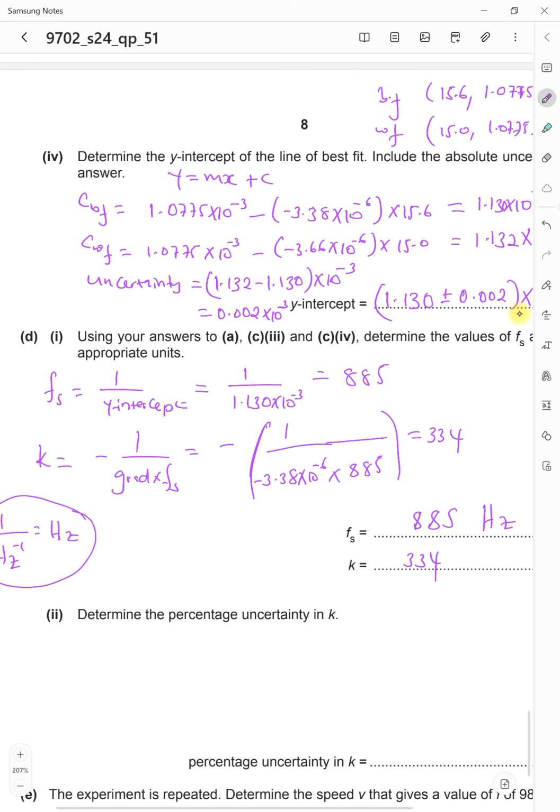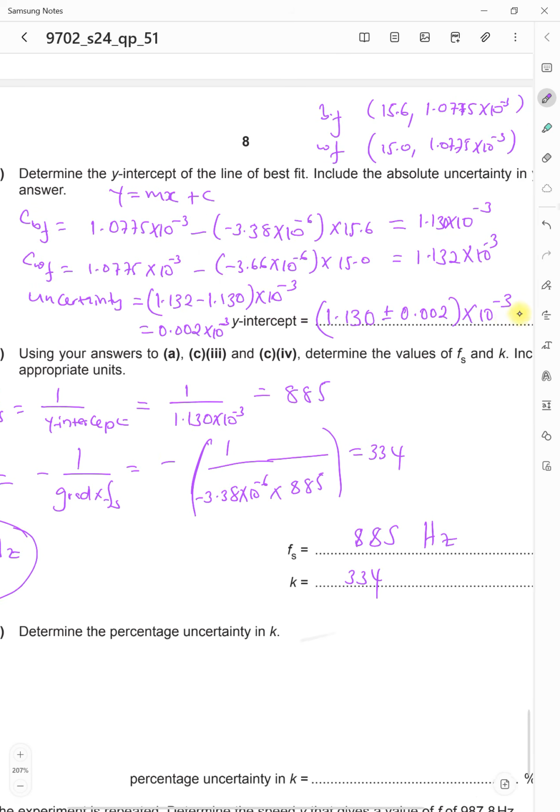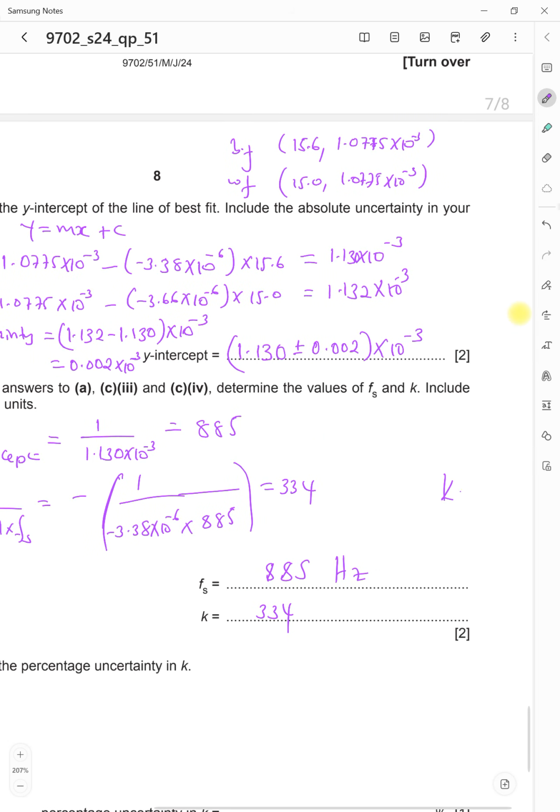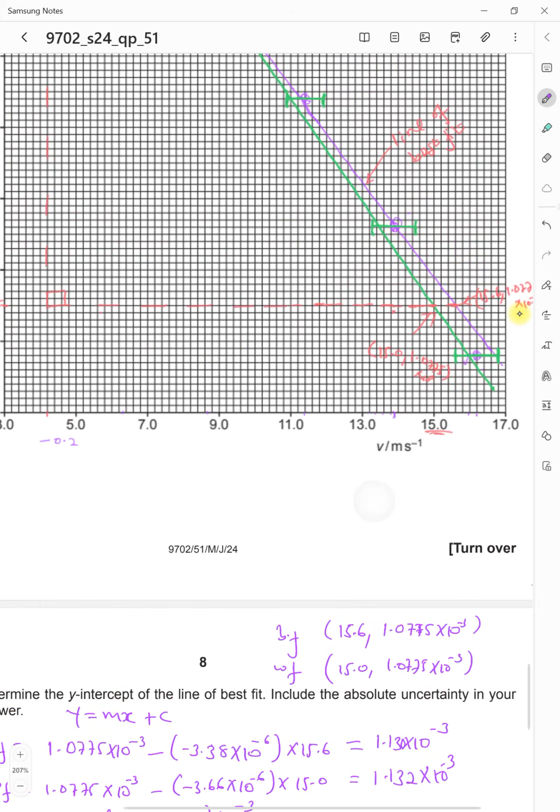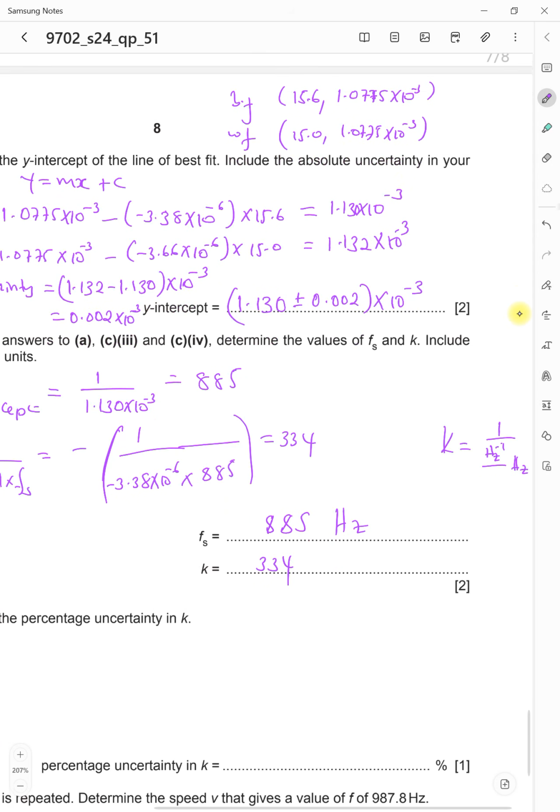Then for k, it is going to be equal to 1 over, then for fs is hertz. Then for gradient is hertz power minus 1 divided by v, meters per second.